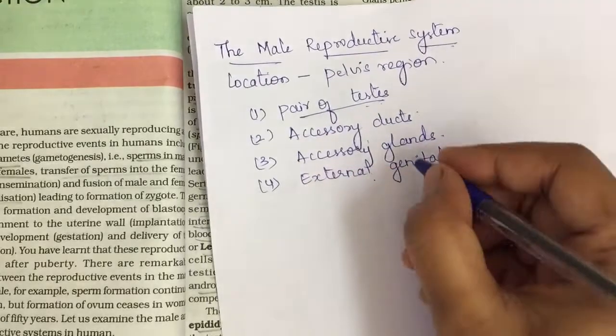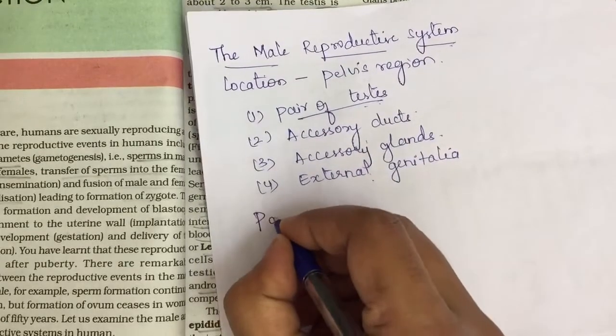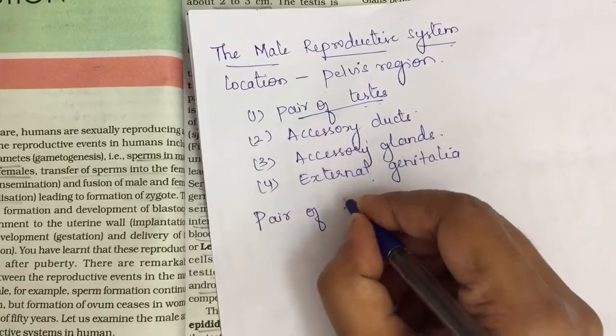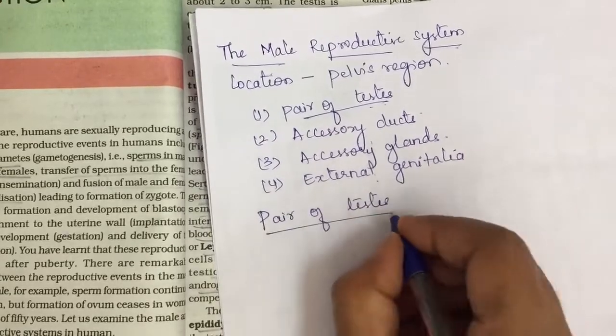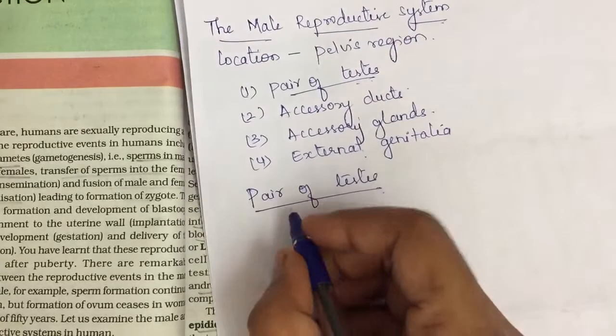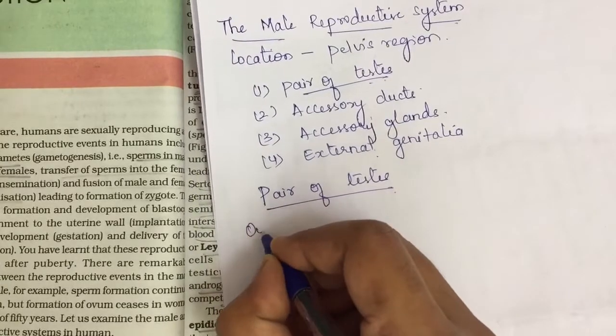Now this pair of testes is situated outside the abdominal cavity.